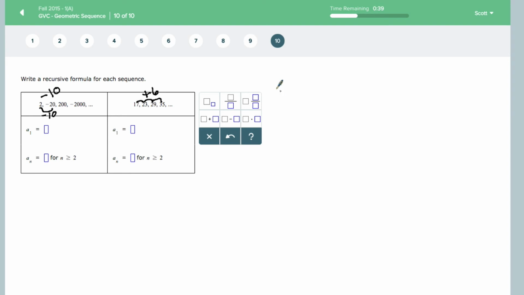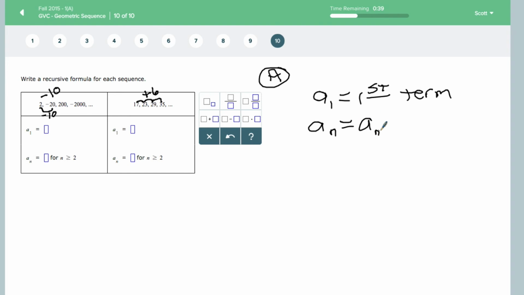First, I'm going to write the formulas. Arithmetic is a sub 1 equals the first term. And then I have a sub n equals, and we're looking at geometric or arithmetic right now, so it's a sub n minus 1 plus d.